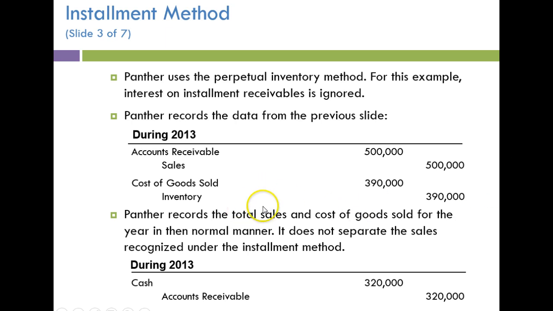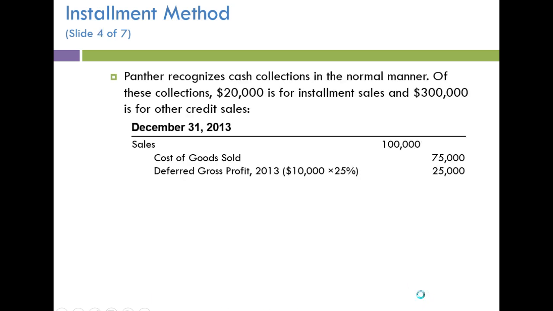Then Panther records the total sales and cost of goods sold for the year in normal manner. It doesn't separate the sales recognized under the installment agreement. So cash of $320,000, accounts receivable get credited for $320,000. Then Panther recognizes cash collections in the normal manner, 20,000 for the installment sale, and 300,000 for other sales.